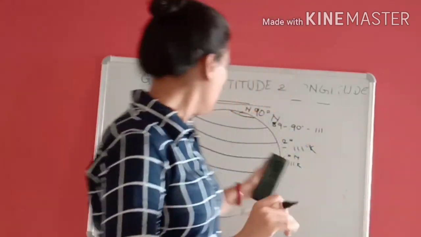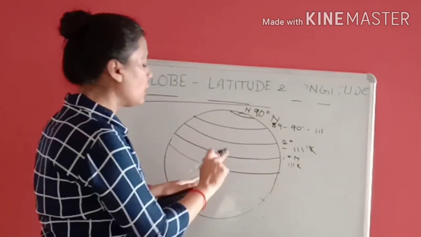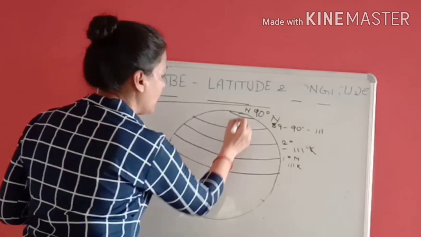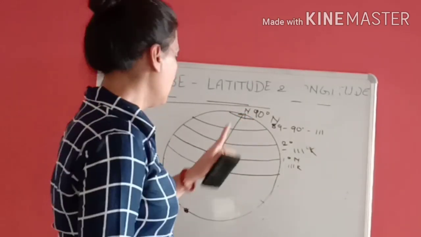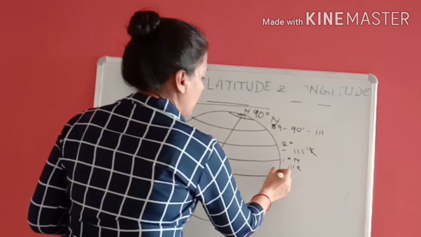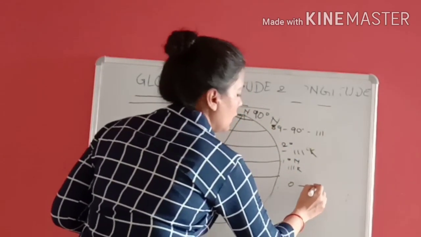In this way, since the distance is 111 kilometers between two latitudes, you can find out the distance from the equator towards the pole.